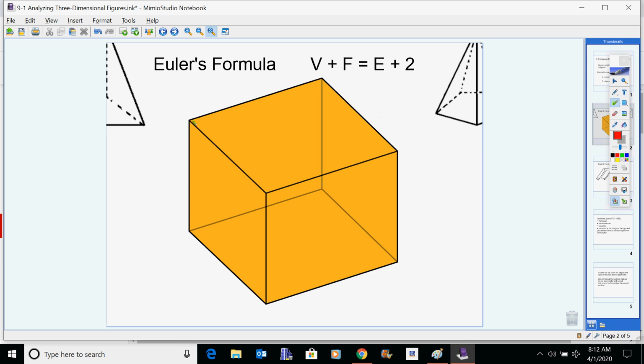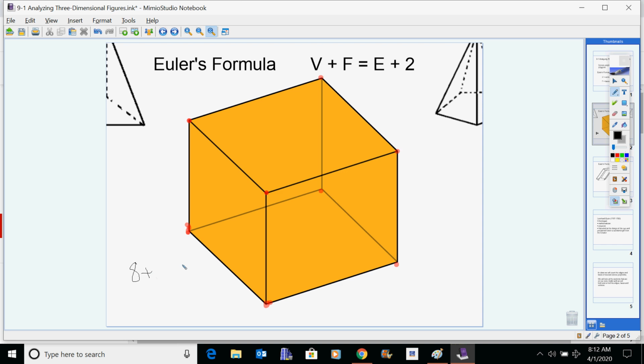The vertices are those corners, so I want you to touch the corners of your box and count them. I'm counting 1, 2, 3, 4, 5, 6, 7, 8. Oops, I missed. But 8 vertices. All right, let's see if this will behave. 8 vertices.